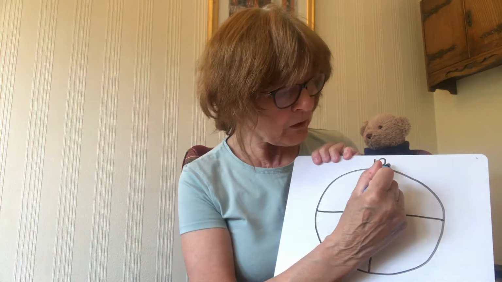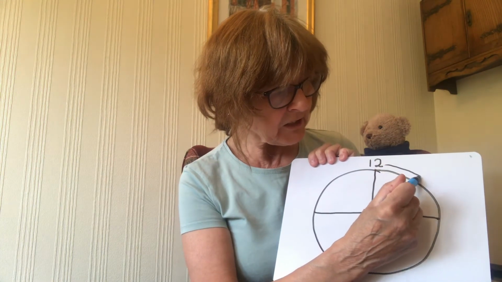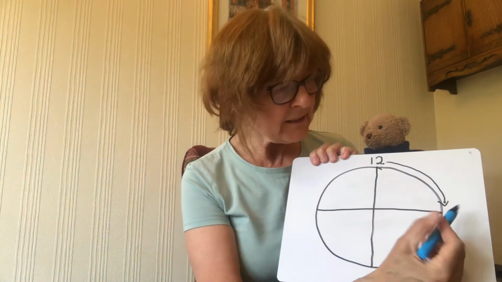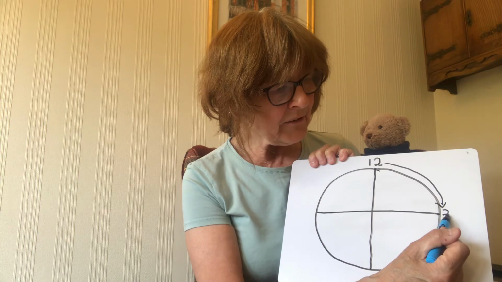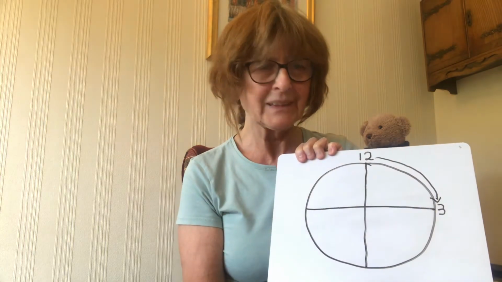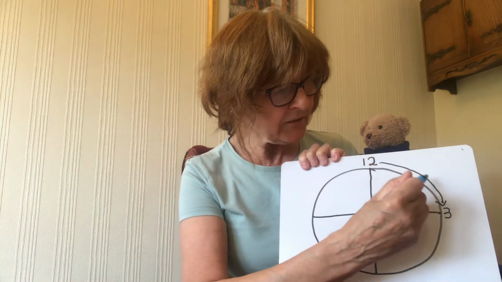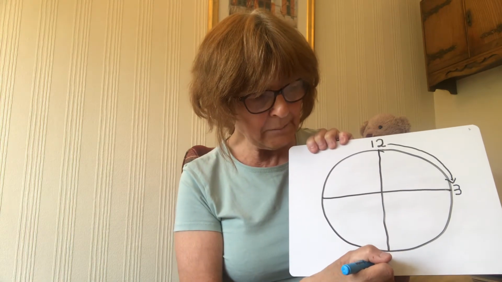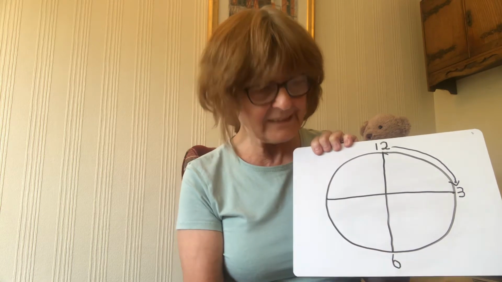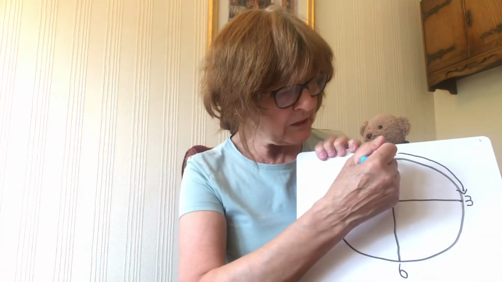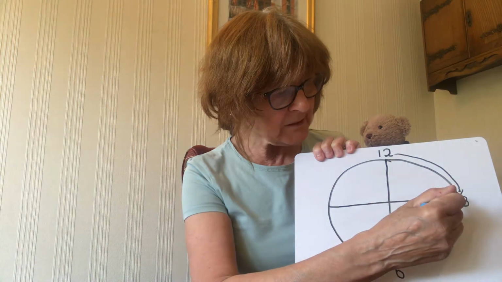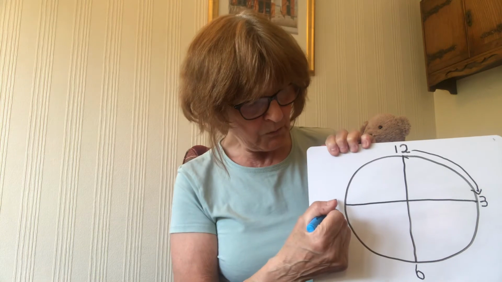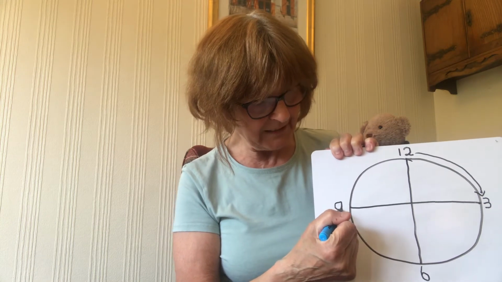If we do a quarter of a turn, and it's always clockwise, we come to number 3. If we do a half turn around the clock, we come to the number 6. If we do 1/4, 2/4, 3/4, we come to number 9.